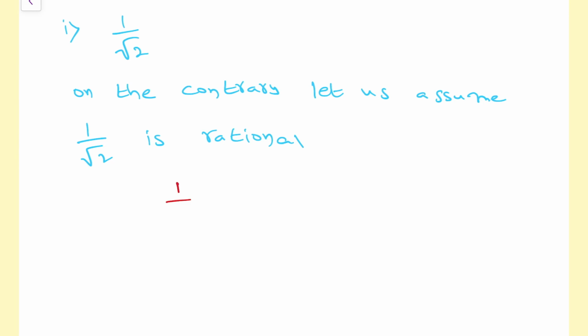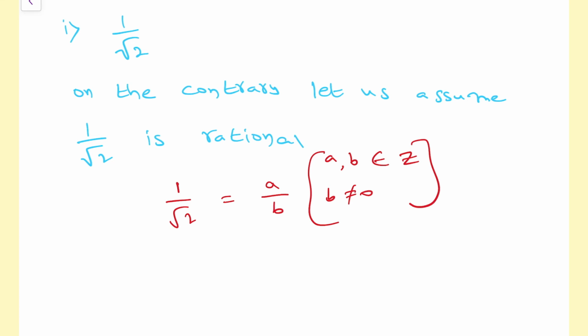So 1 by root 2 equals a by b. Why I am saying a by b again: in some textbooks you will have p by q, and in some textbooks you will have a by b. That's the reason I covered p by q already, so now I am going with a by b, where a, b belong to integers, b not equal to 0, and a, b are co-primes.